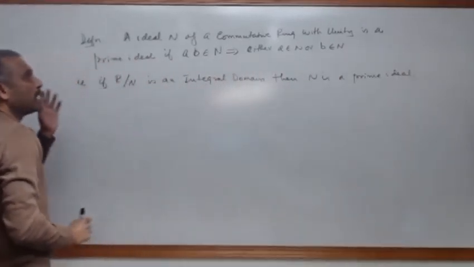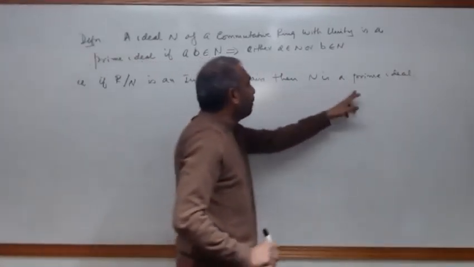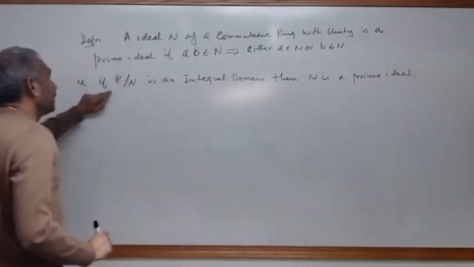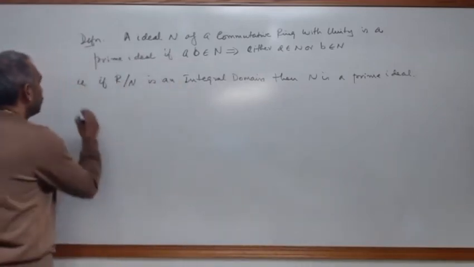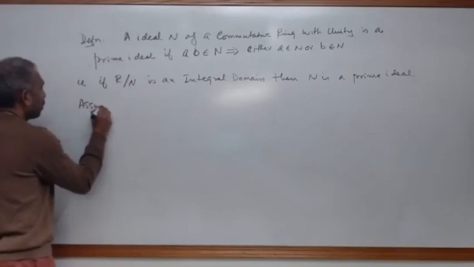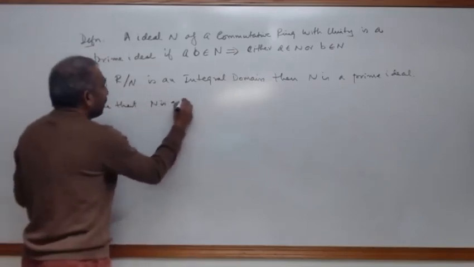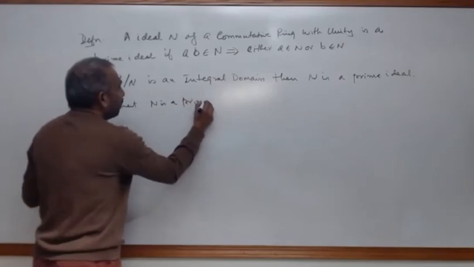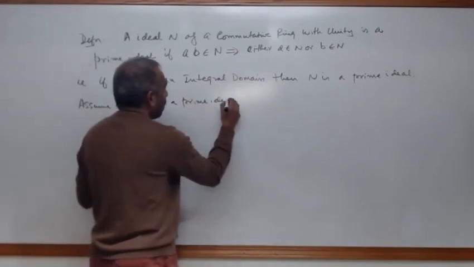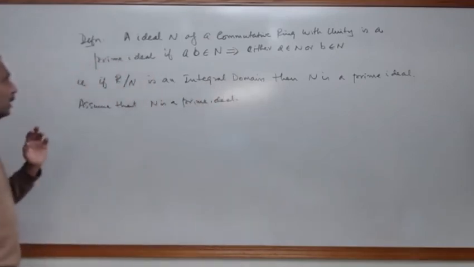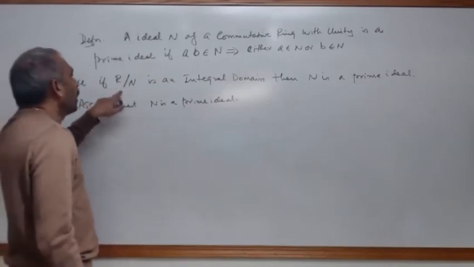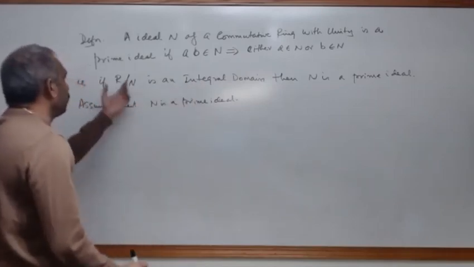We'll see what happens if N is a prime ideal. Can we say that R by N is an integral domain? So we'll assume that N is a prime ideal. Then how do you prove a ring is an integral domain? Take two elements.